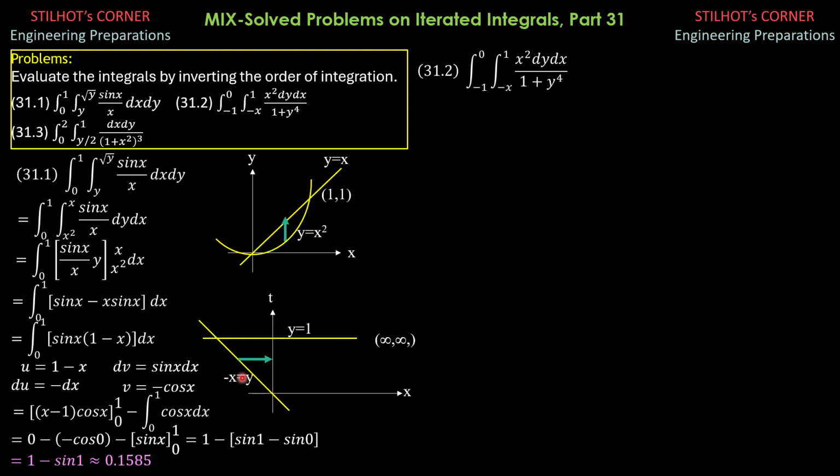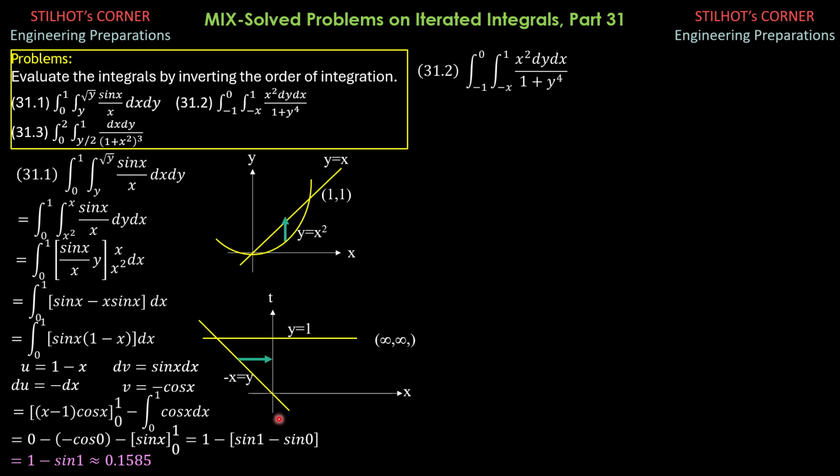So this is negative x, lower limit of the inner integral, negative x equals y, then y equals 1. That's it. So that means if we invert the order of integration, y would be our final variable.